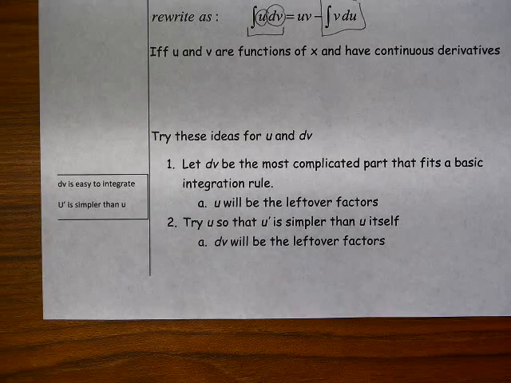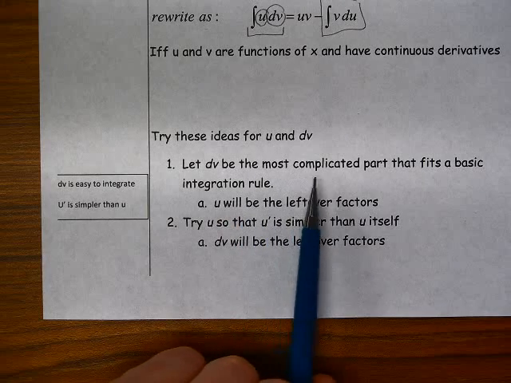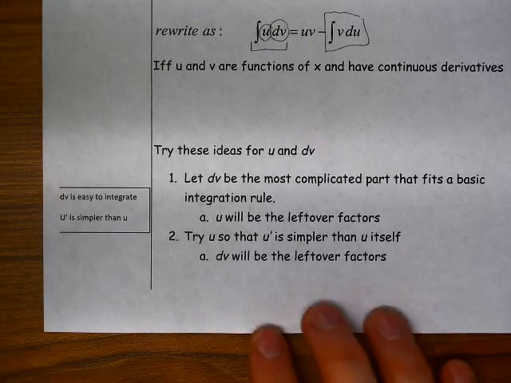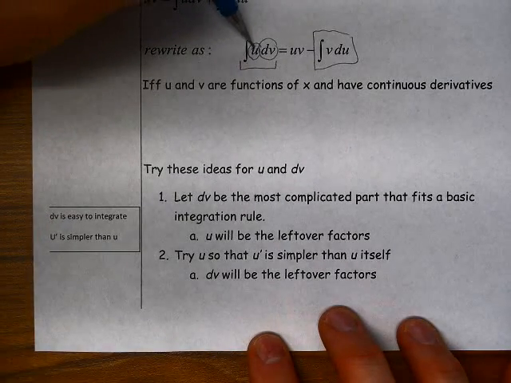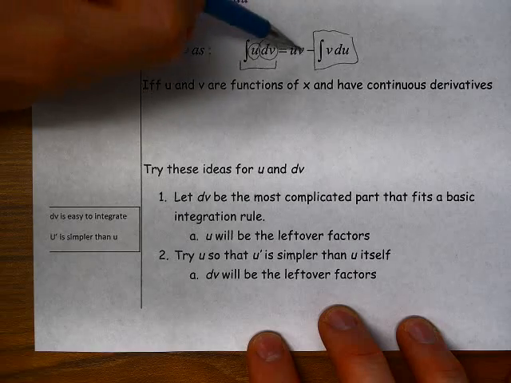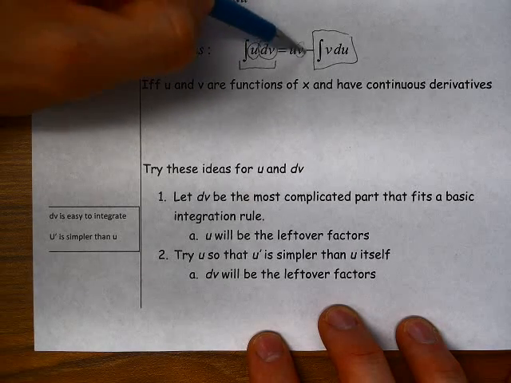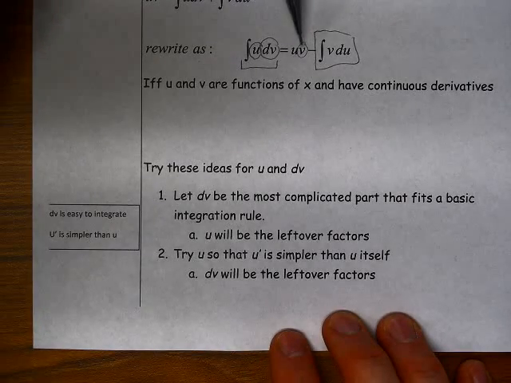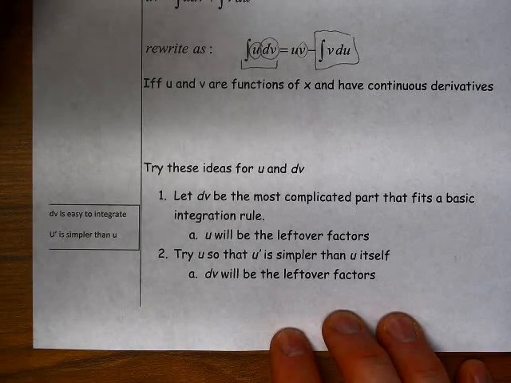We try to let dv be the most complicated part that fits a basic integration rule. The reason for that is because after we choose u and dv, we need to integrate dv easily in order to find v, the v that goes both in this product and as the integrand here.